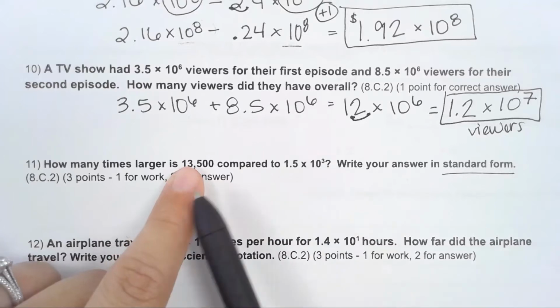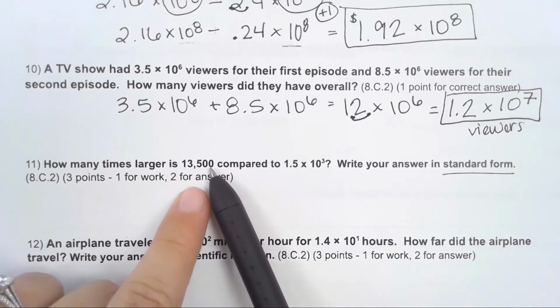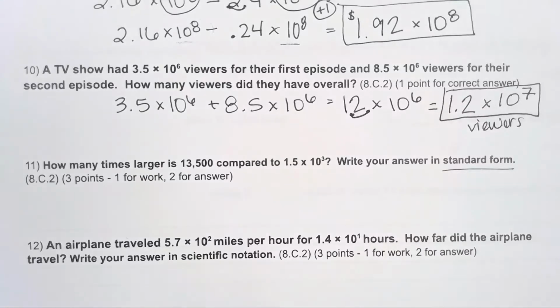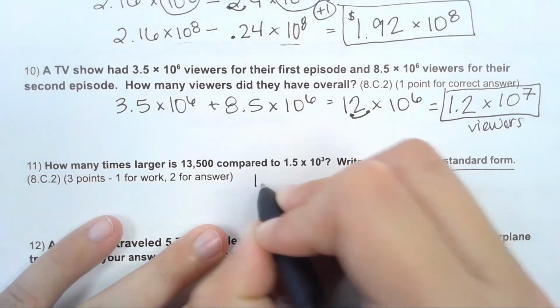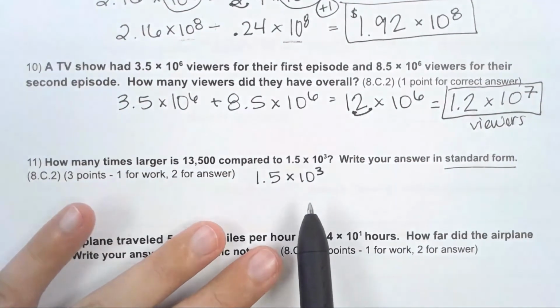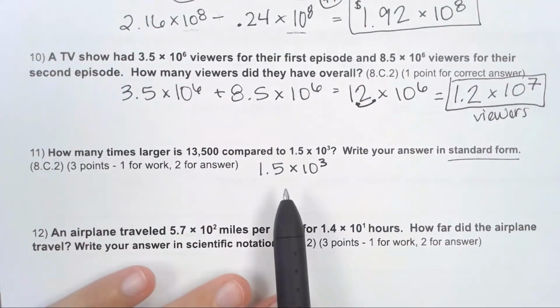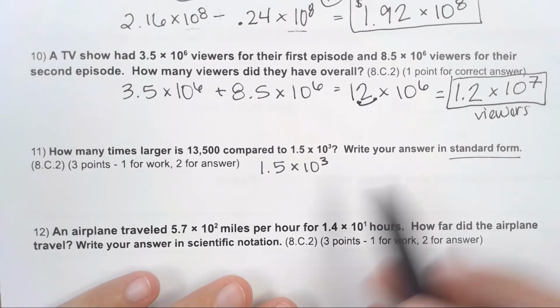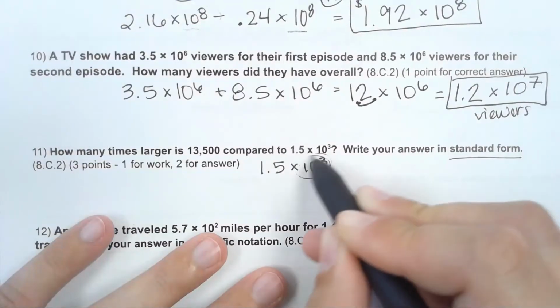So this 13,500 is already in standard form. However, this 1.5 times 10 to the 3rd is not, so let's go ahead and change that to standard form. Remember, to change this into standard form, all that we need to do is figure out our exponent here.